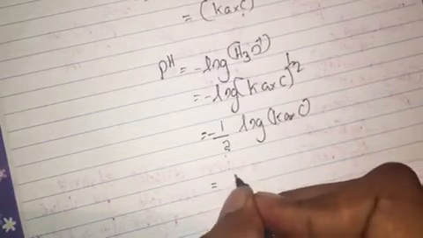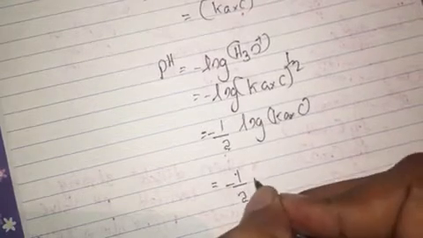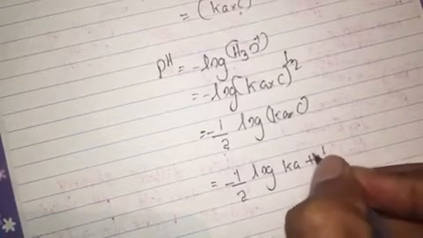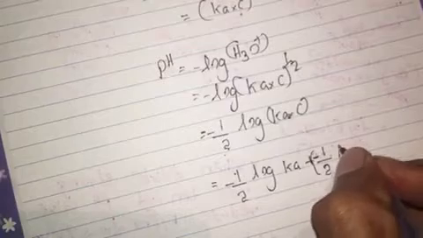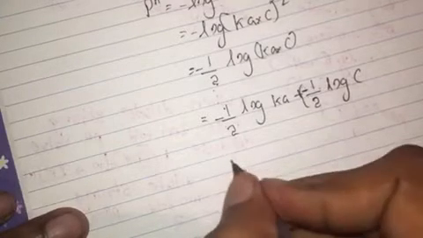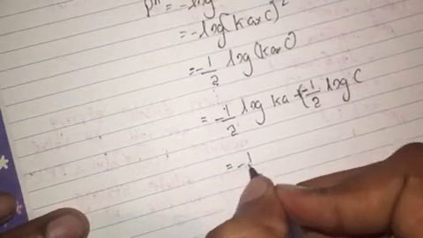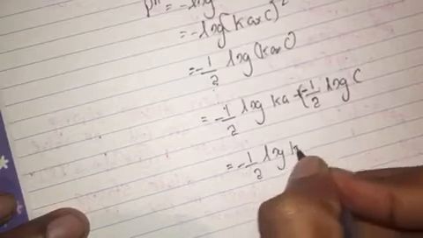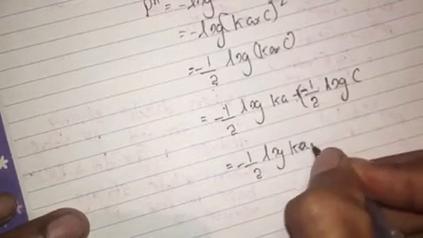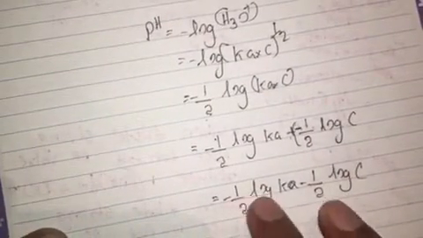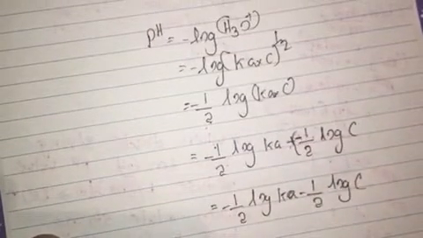Now we can write this as 1 minus log Ka plus 1 over 2 log C. Do not memorize this equation.